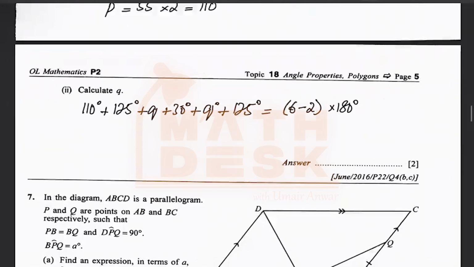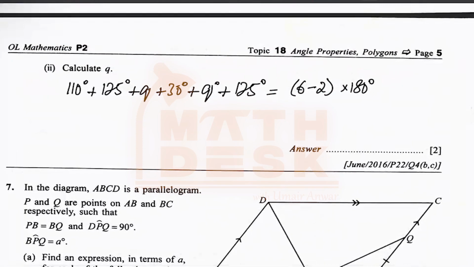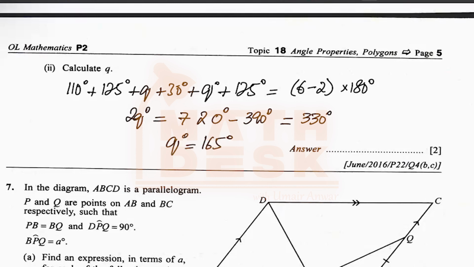This would become 2Q is equal to 720 degrees minus 250, 360, and 390 degrees. Okay, so the answer of Q would come out to be 165 degrees. So this is the value of Q that we had to find out.